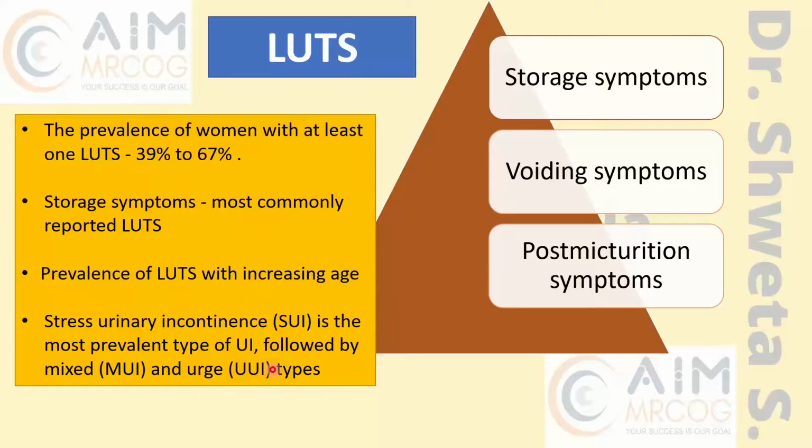And one third of the women with LUTS have their quality of life affected. These are all the questions they ask. So one third is a very important figure in urodynamics, and up to two-thirds are suffering from at least one lower urinary tract symptom. Am I clear about how it is classified and the percentages you have to remember, and which are the important percentages?